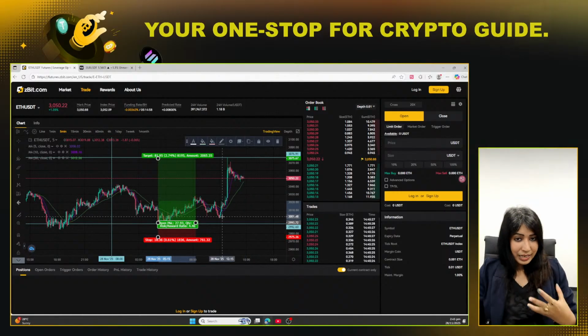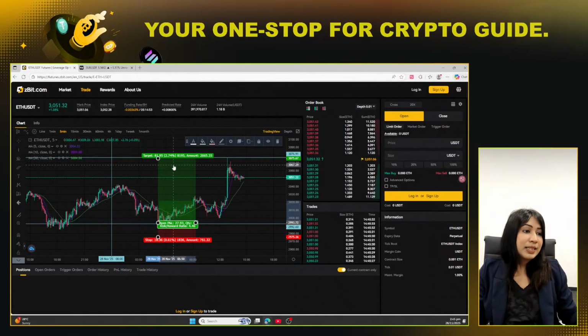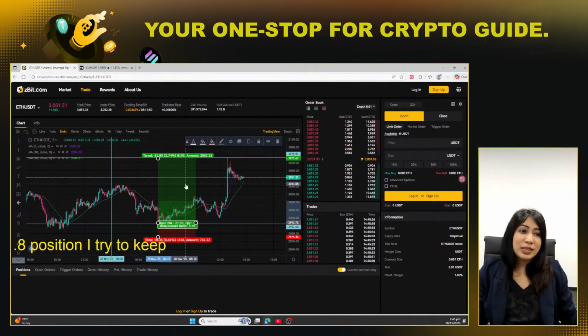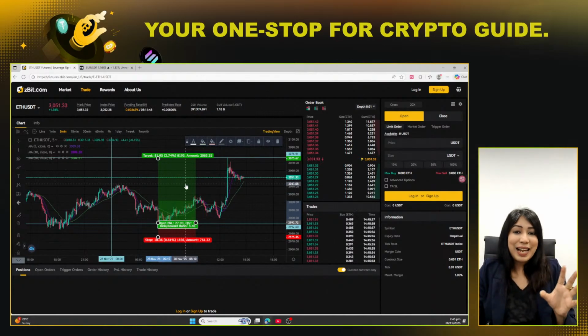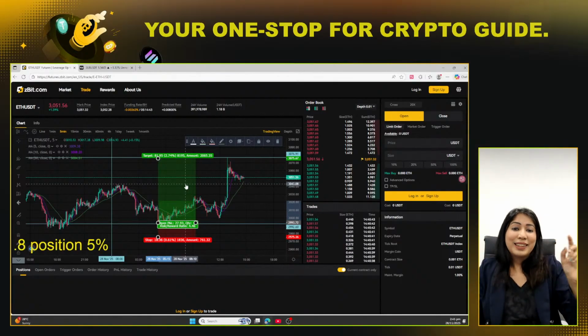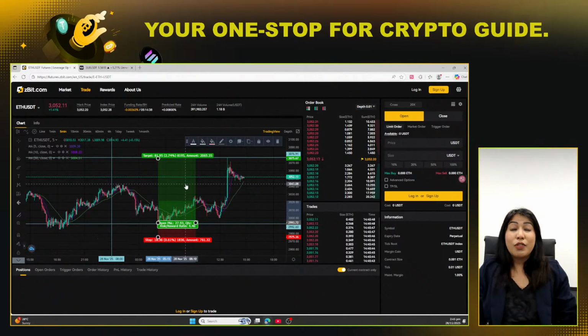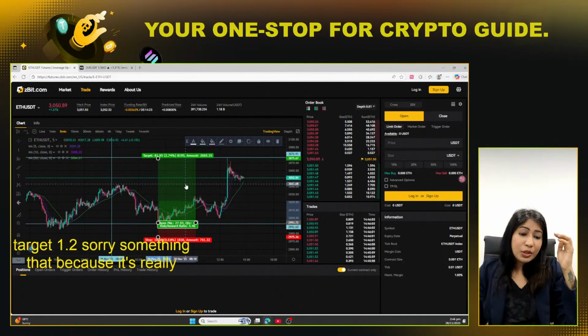The way I manage my trades on a day-to-day basis is, in most scenarios when the markets don't look that great, I keep my targets modest. If I see that the market is moving at a 4% or 5% rate, then I keep my target as 1:3 or 1:4. But when the market itself is running at around 2% or 2.5%, I don't keep targets like 1:4, because honestly it's really stupid.